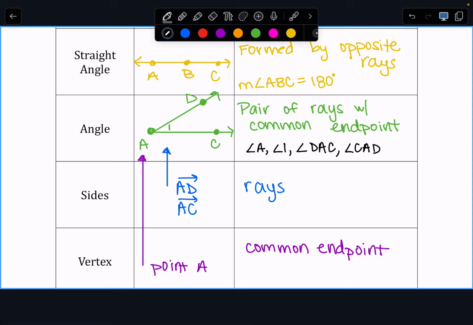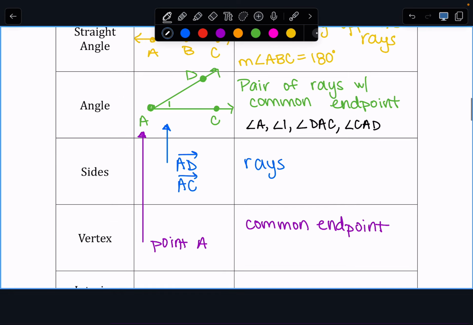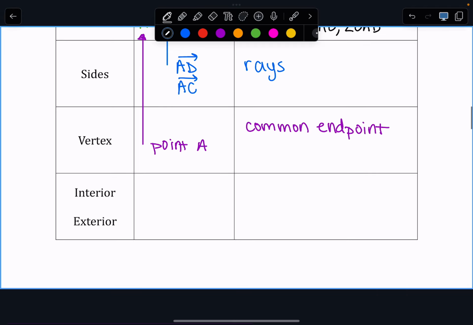It cannot be ACD because the vertex has to be the middle point when you name it. And this isn't the first time you've seen an angle, right? You saw some in algebra last year, right? Yeah. Okay.